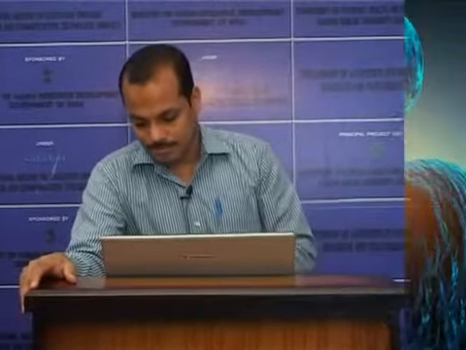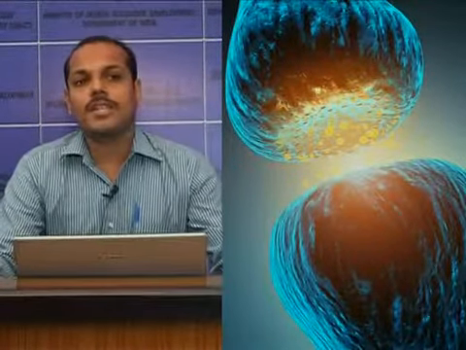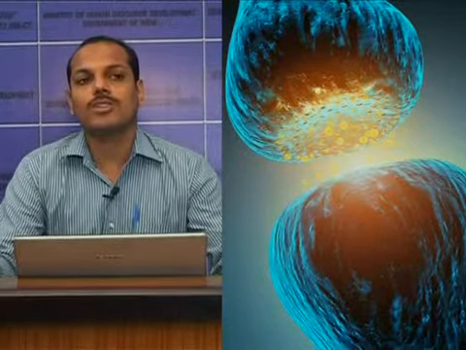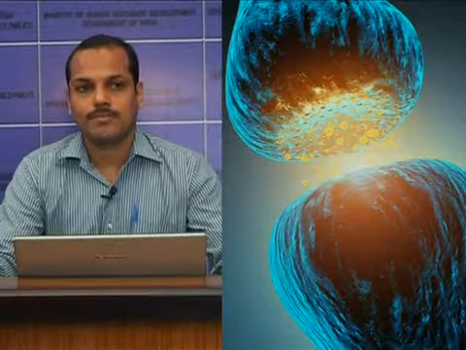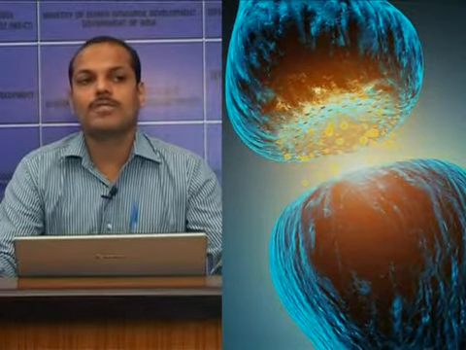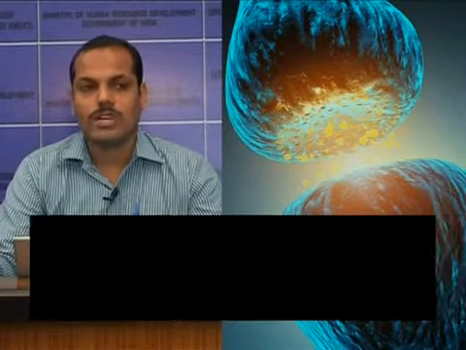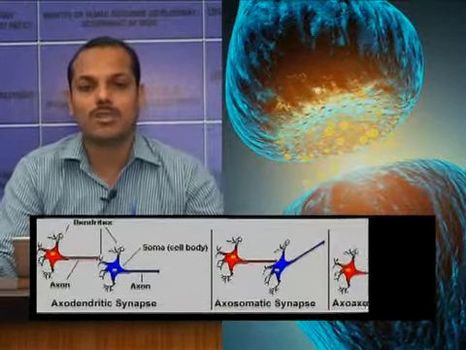Now, the synapses. A synapse is the junction between two neurons where the information from one neuron is transmitted or relayed to the other. There are three types of synapses in the body: axodendritic, axosomatic and axoaxonic.